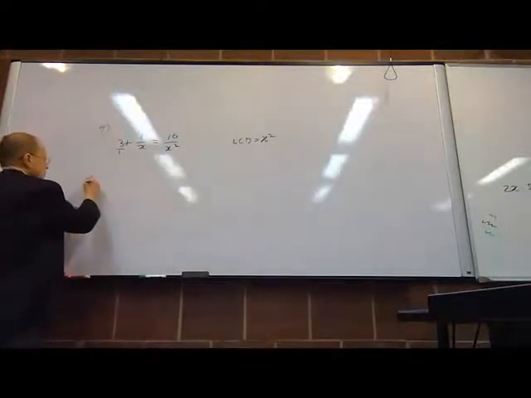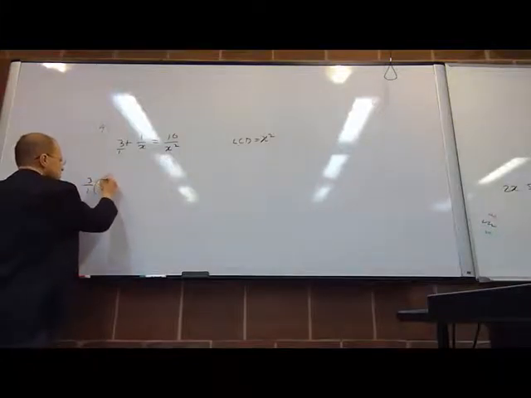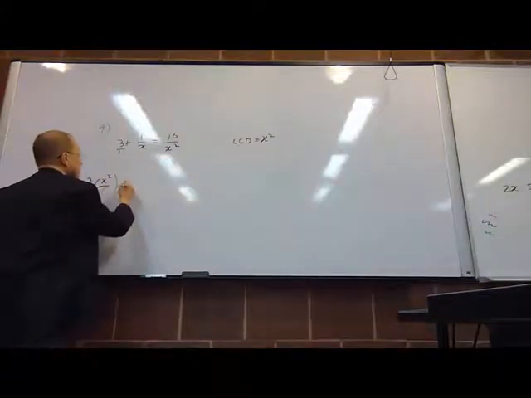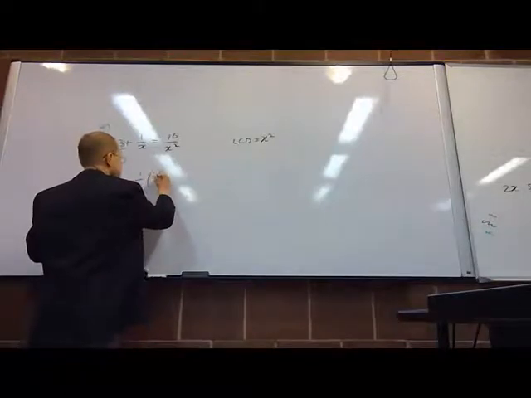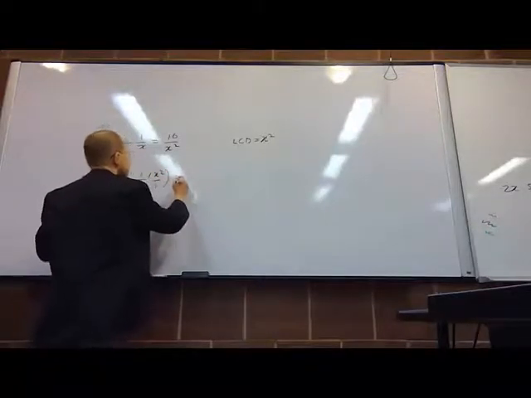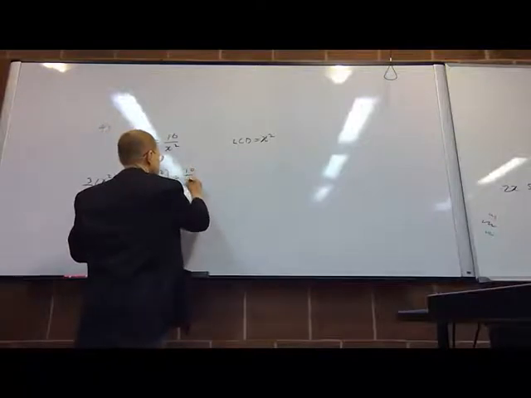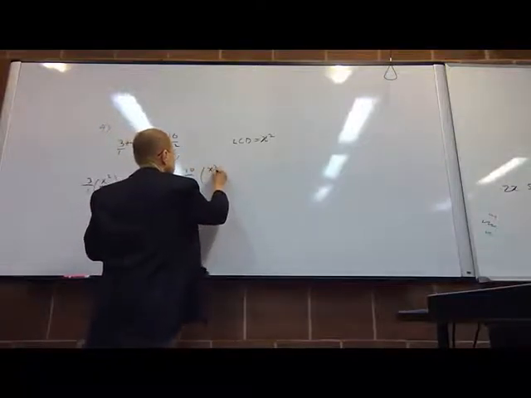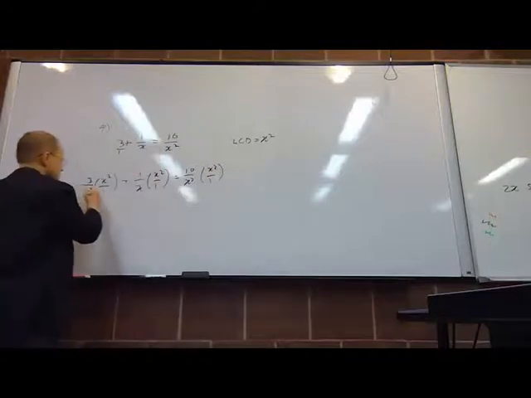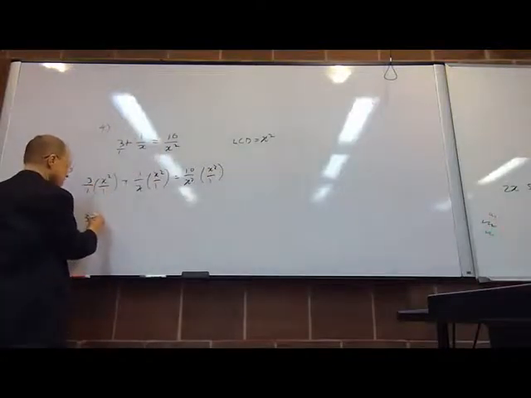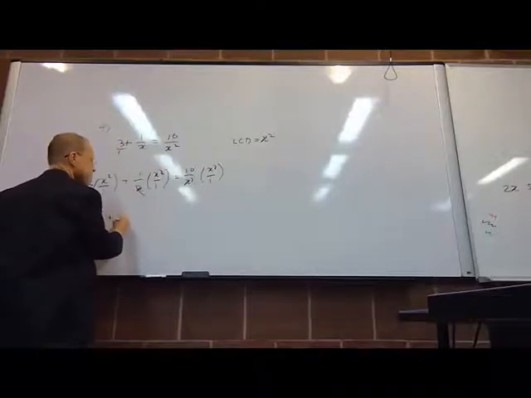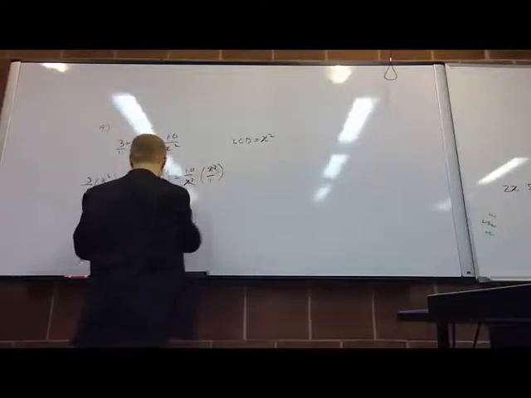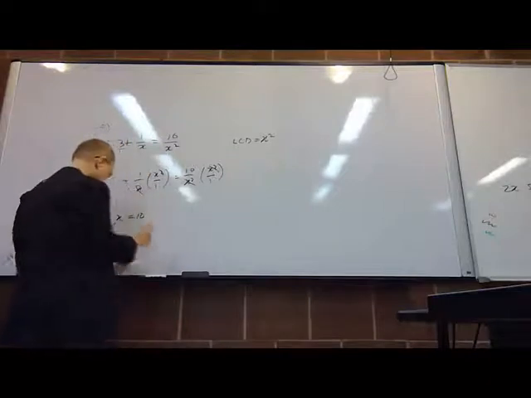So as before, multiply through by x squared over 1. This one, we got rid of one of the x's, and this one is equal to 10.